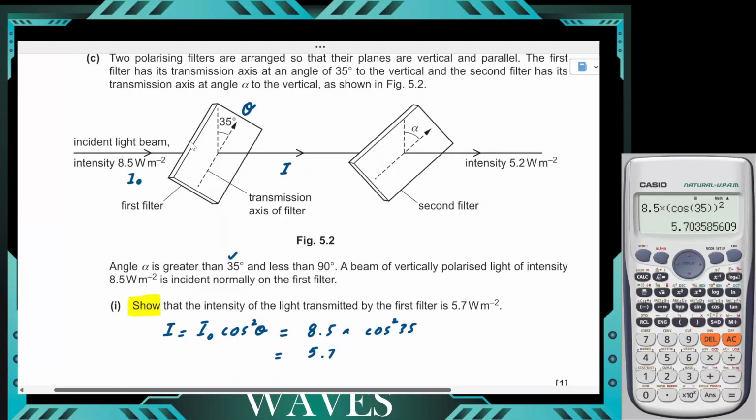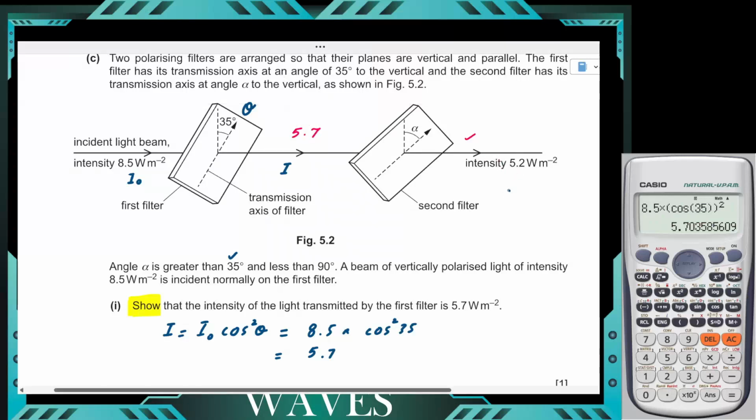Okay, after that we have a second filter, which we call the second analyzer in this case. For this one, it is placed at an angle in such a way that the intensity is now dropped from 5.7 to 5.2.